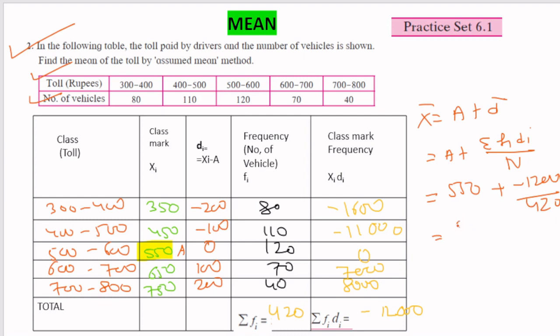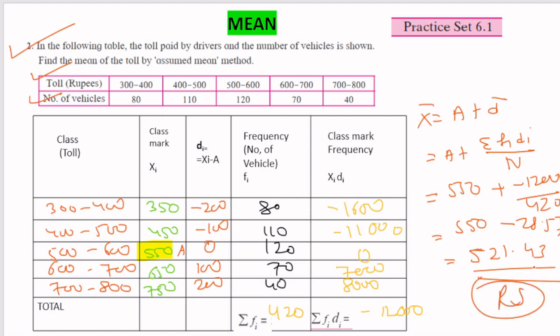If you divide, you will get minus 28.57, and if you subtract, you will get 521.43. Hence the mean of toll is 521.43 rupees. This we calculated using assumed mean, which would have been very difficult using the direct method.